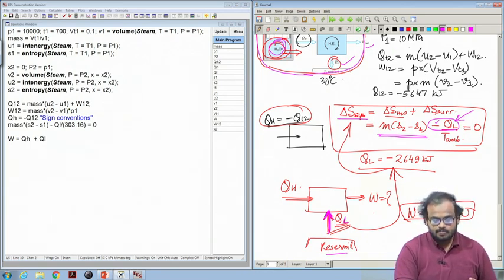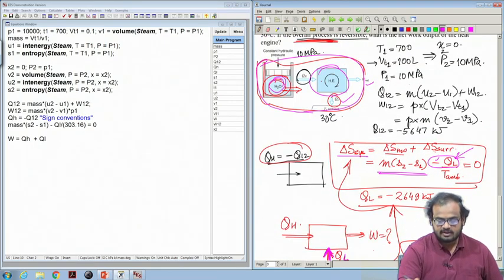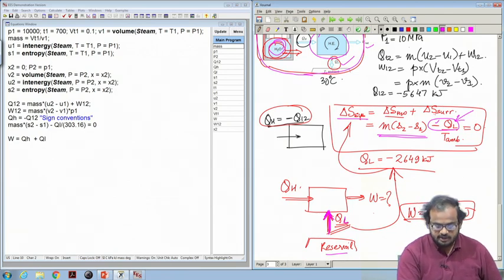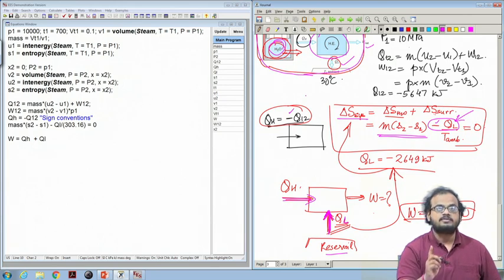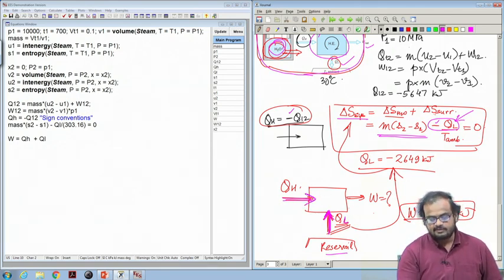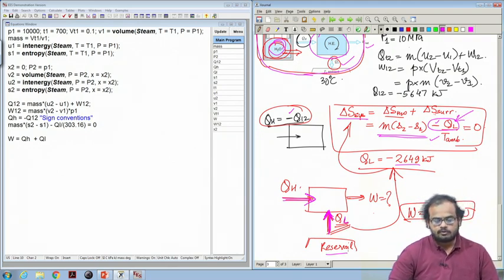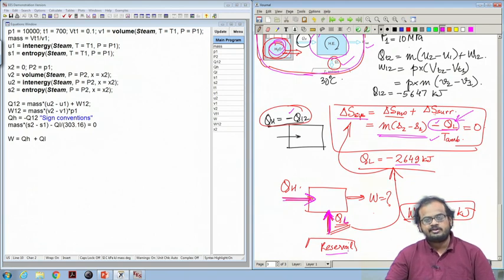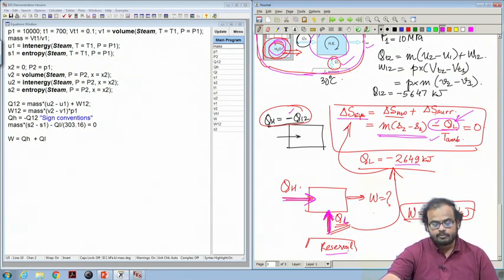That gave us QL, and once that is known, I can now take only this thing as the control volume, the heat engine. So for the heat engine you have QH going into the system, which is basically minus of Q1, because of the reasons we just discussed, that heat lost by the mass is heat gained by the heat engine. So QH is like this, QL we just found out using the sign convention, minus 2649, and thus if we consider the heat engine as the control volume, the work is nothing but QH plus QL, and that is what we did.